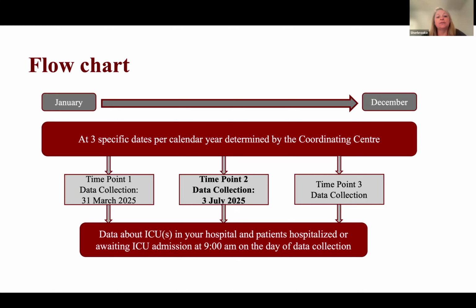Now, the second point of data collection is planned on July 3rd, and the next time point should be during the fall. I can't tell you the date now, but it will be announced about a month before.